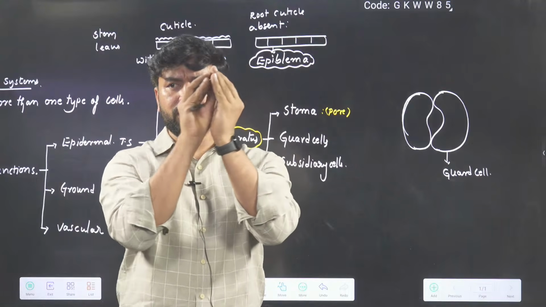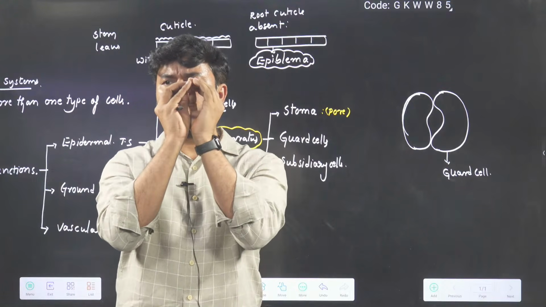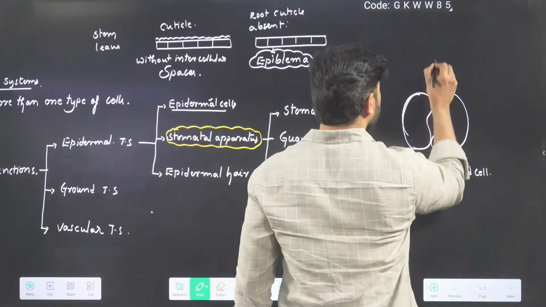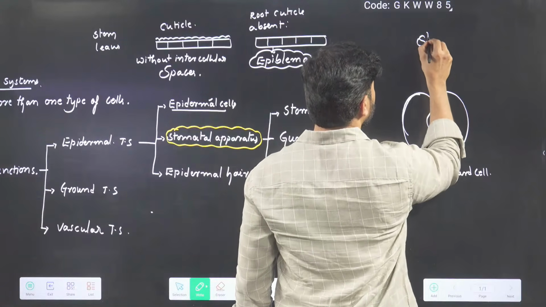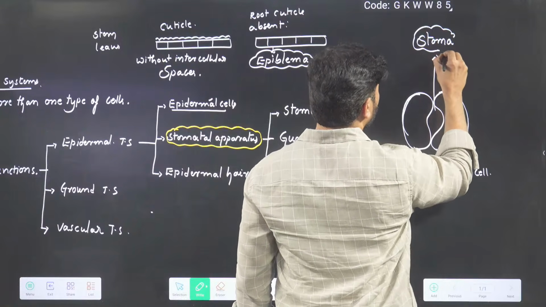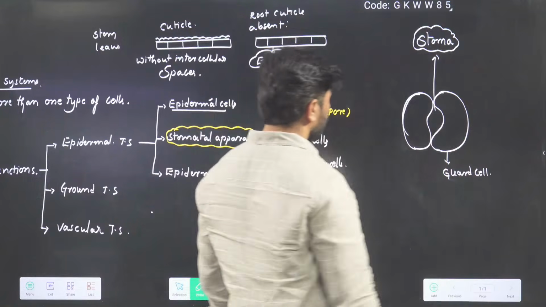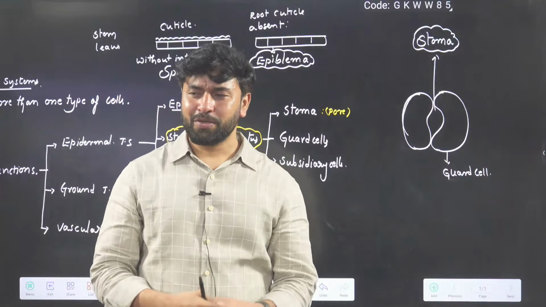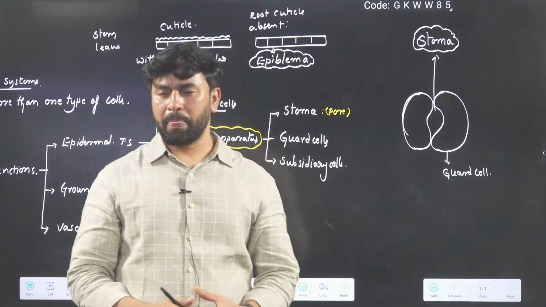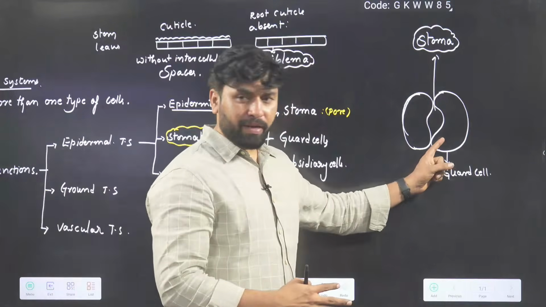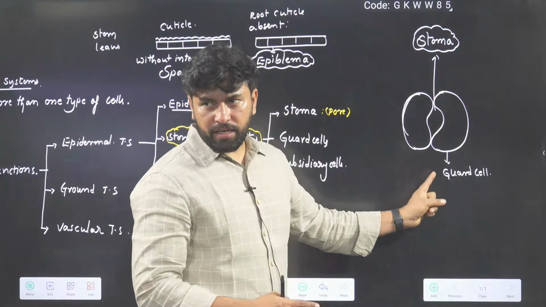Between the two guard cells, there is a small pore. That pore is known as stoma. Stoma is singular, stomata is plural. Stomata means many pores, stoma means a single pore. How is this single pore formed? With the gap developed between two cells called guard cells.